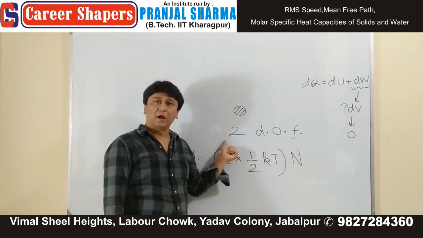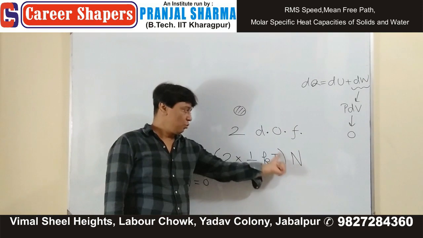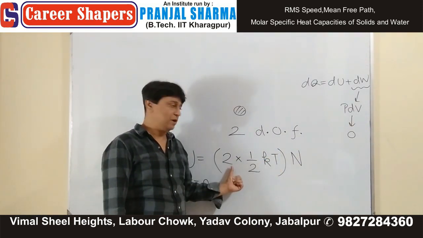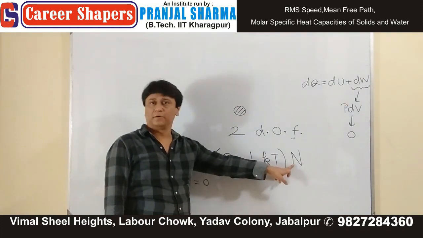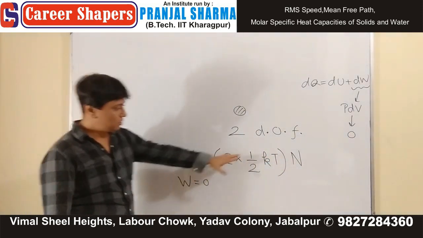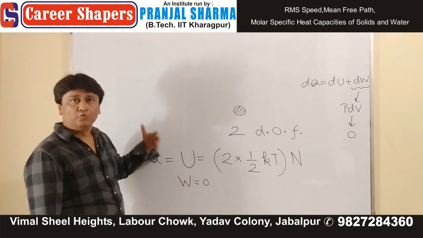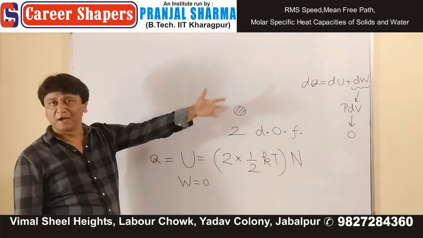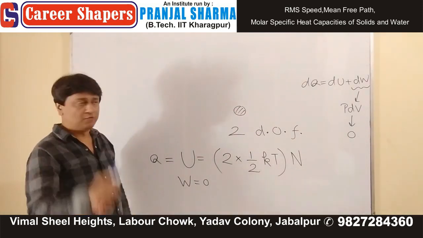For every degree of freedom, total energy is half kT. For 2 degrees of freedom, 2 into half kT. If there are n number of atoms present, then total energy of all those atoms will be U, which is equal to heat supplied, because there is hardly any work involved. Note down this and then we'll write a statement.